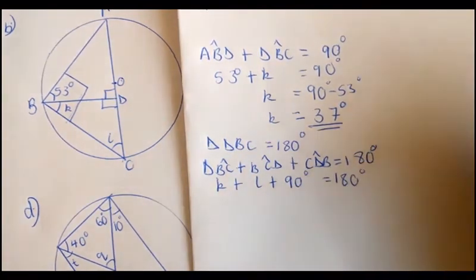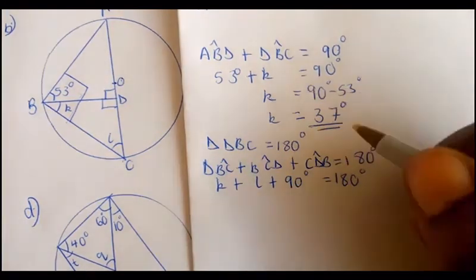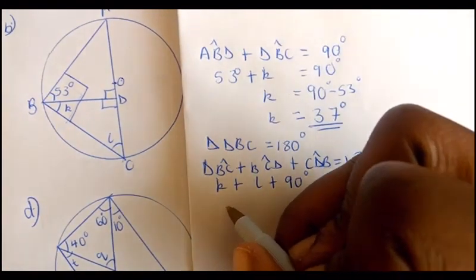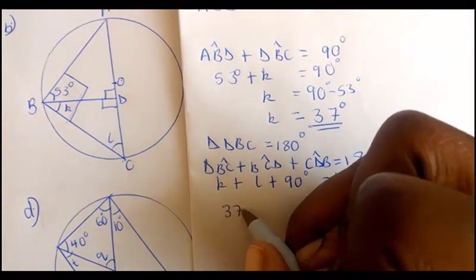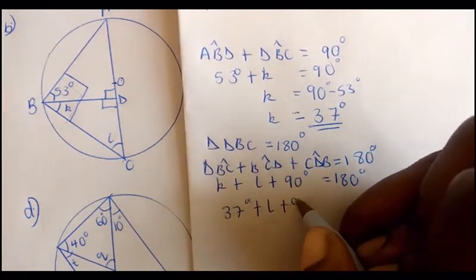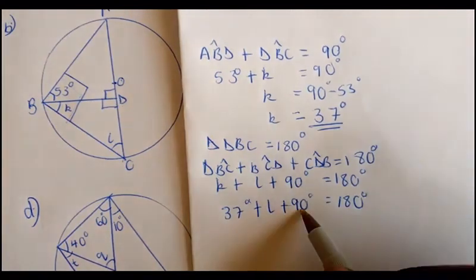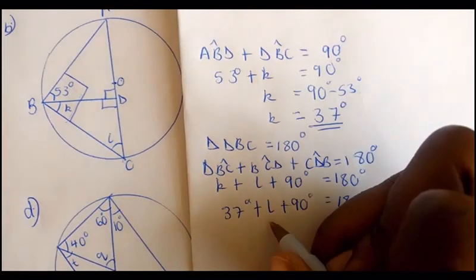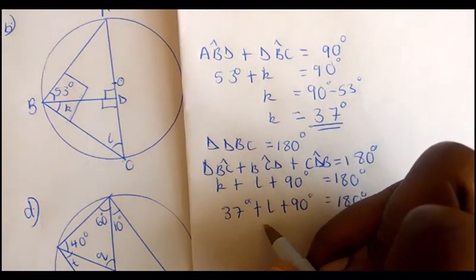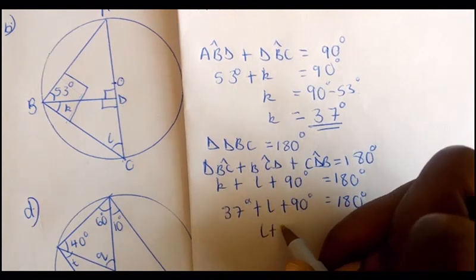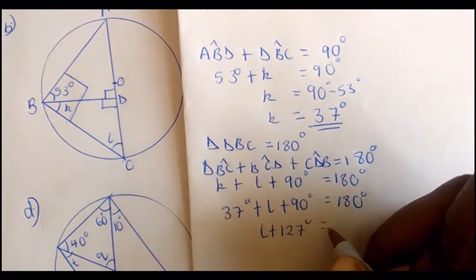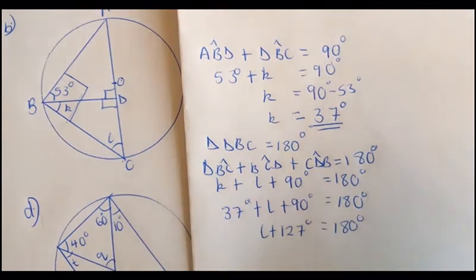So angle DBC is K, plus angle BCD, which is equal to L, plus this angle CDB, which is a 90-degree right angle, is equal to 180 degrees. And according to the first part, we said K is 37 degrees. So this becomes 37 degrees plus L plus 90 degrees is equal to 180 degrees. If we add 90 plus 37 degrees, what do we get? 127. So it becomes L plus 127 degrees is equal to 180 degrees.